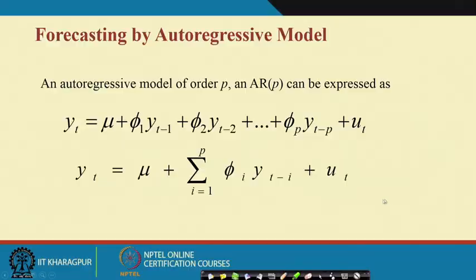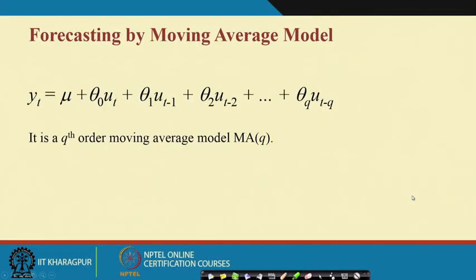So, this is the autoregressive structure, and accordingly we can have another model called the moving average model. In this context, it has a similar structure, like yt can be forecasted with an error component.